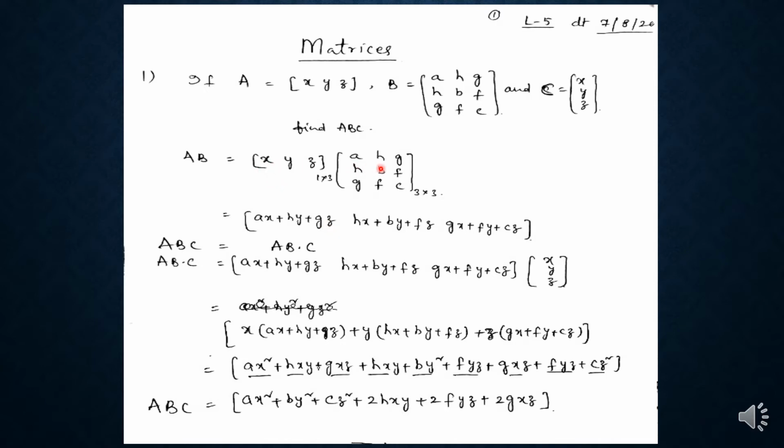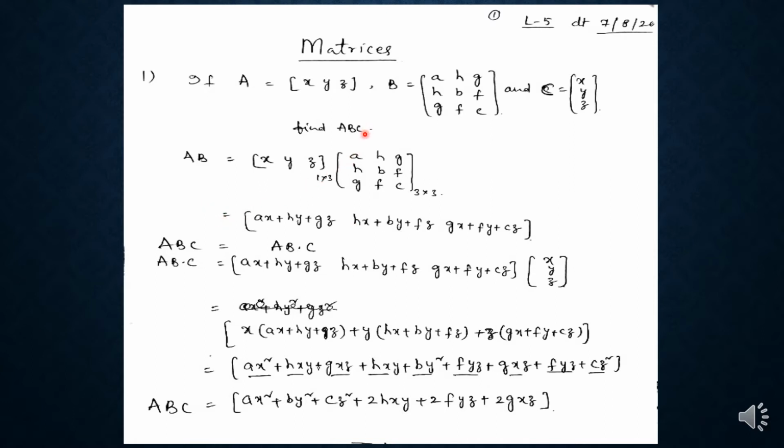Similarly, the row elements into second column elements give HX plus BY plus FZ, and the row elements into third column give GX plus FY plus CZ. So this is equal to AB.